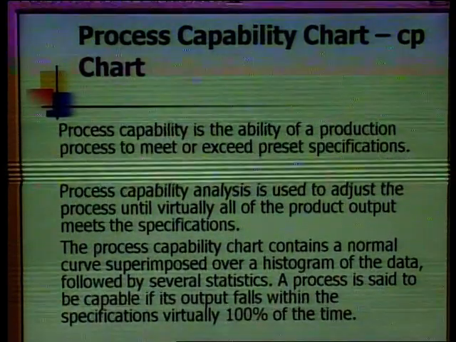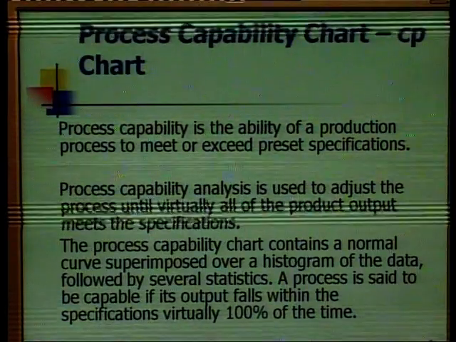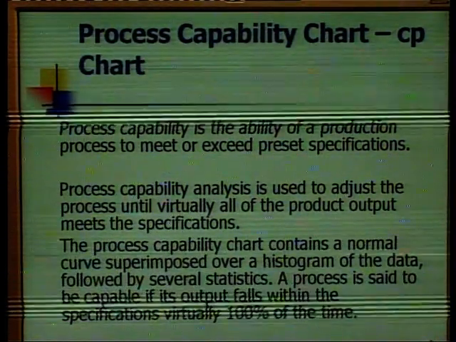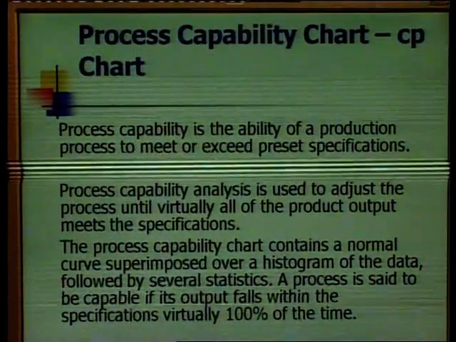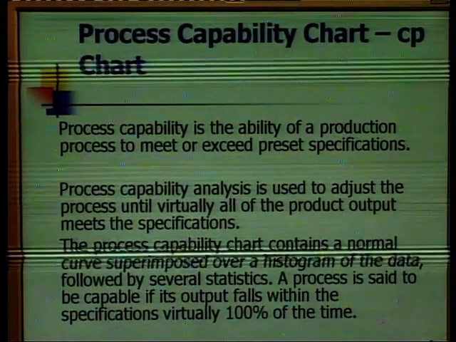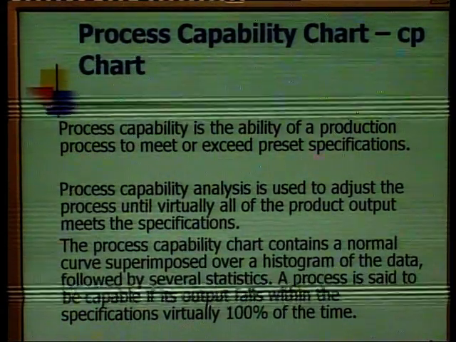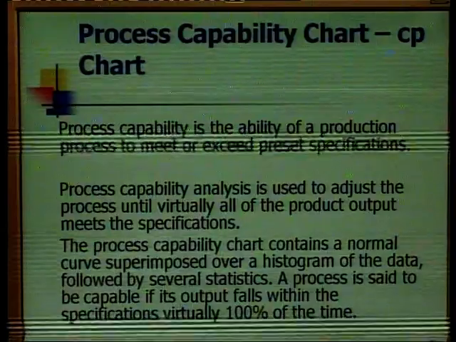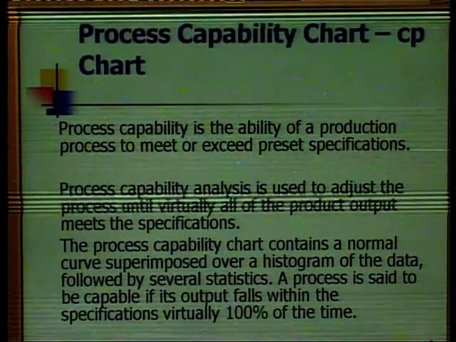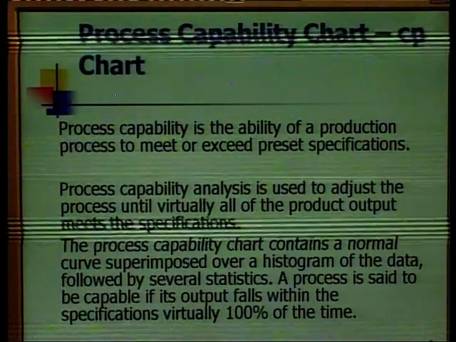If it is meeting the specifications, then it is okay, but if it is not, then we will make a slight adjustment in the process so as to make it stable.